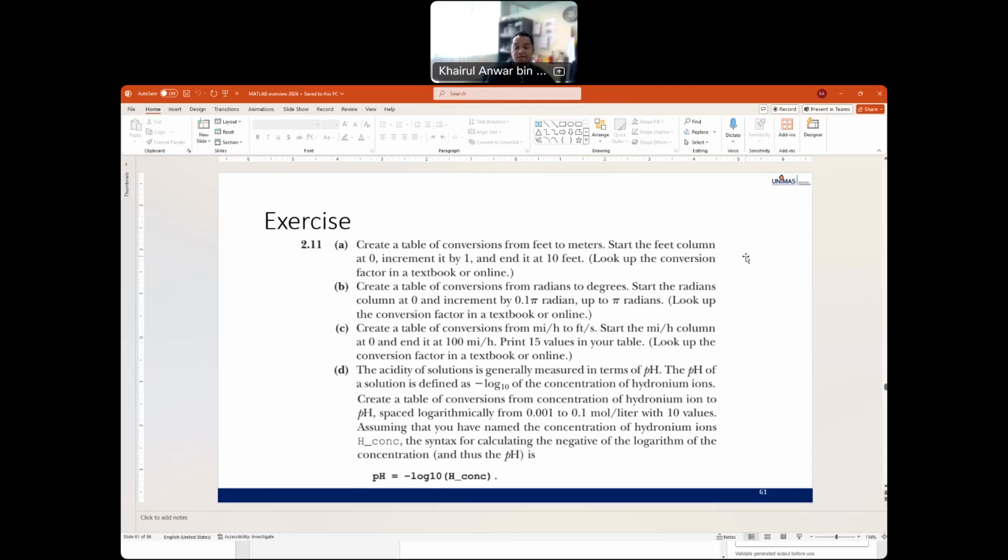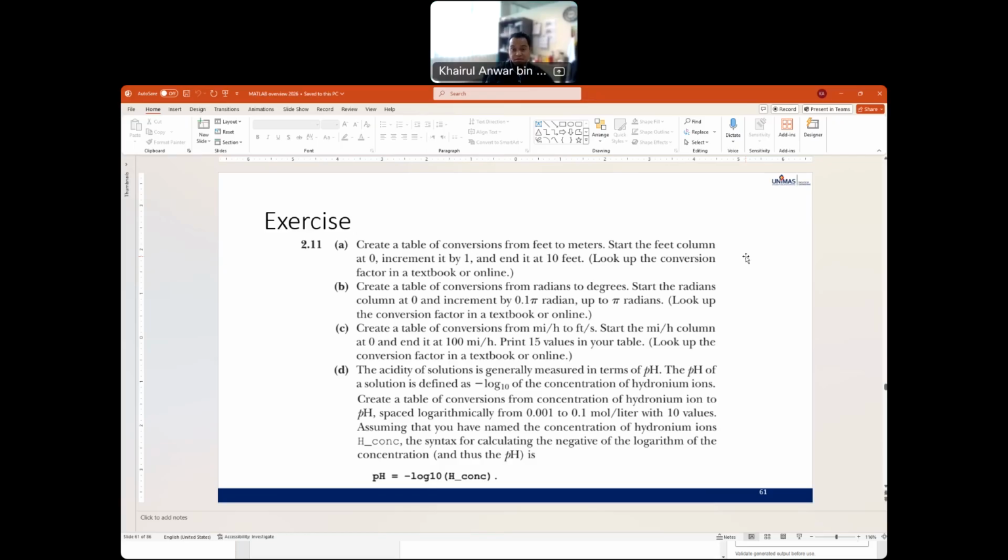And change the feet. Enter. So normally the value is the formula.